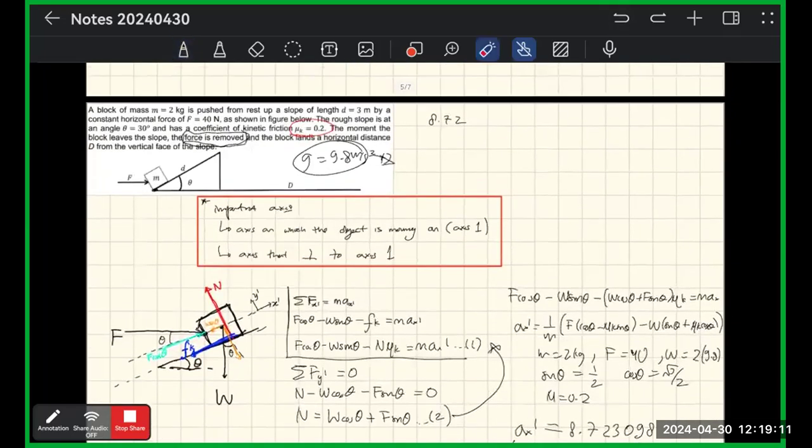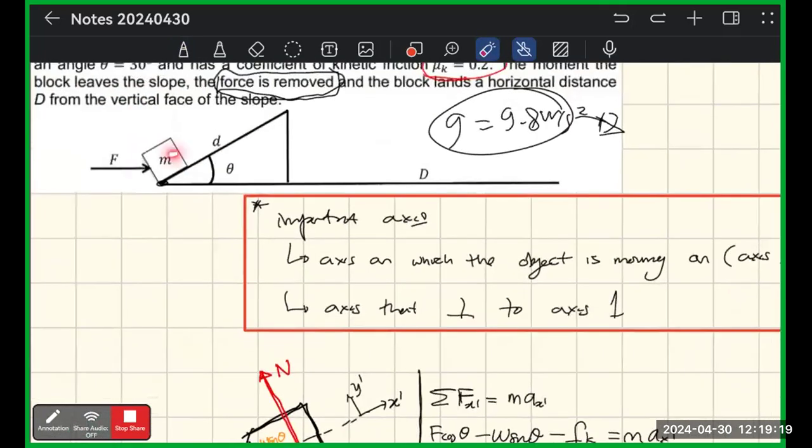So the acceleration will be this acceleration, ax prime. You project this acceleration into the y direction, so theta is here. It's ax prime sine theta. Because the acceleration is like this, and this is theta, this is ax prime sine theta.